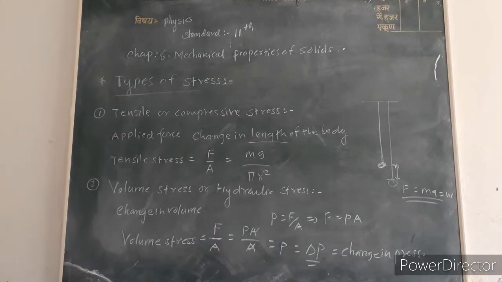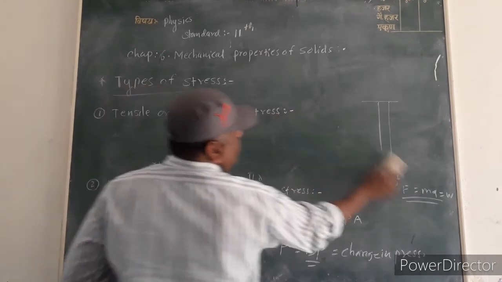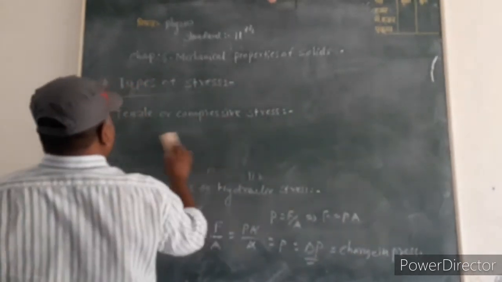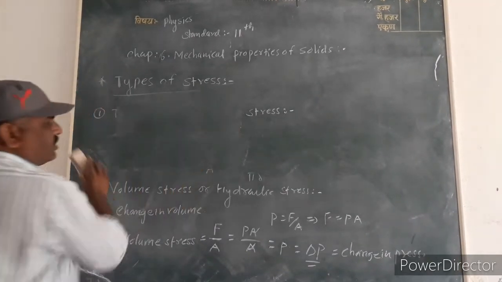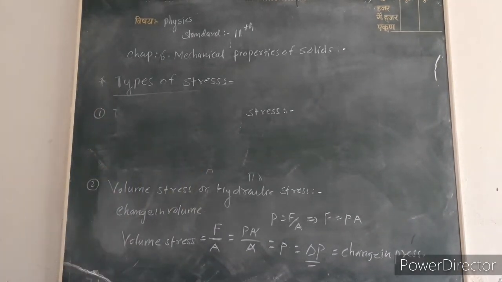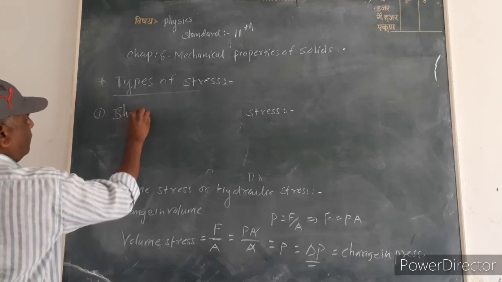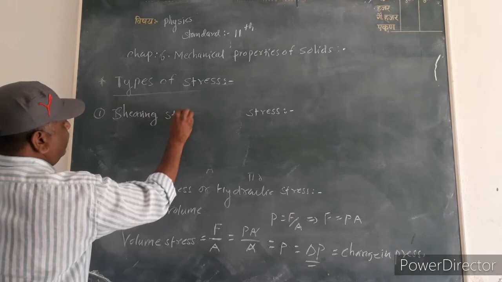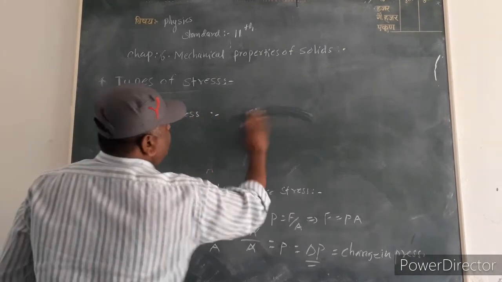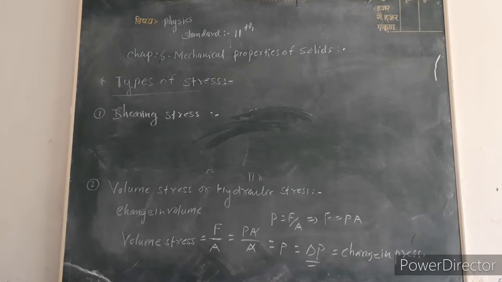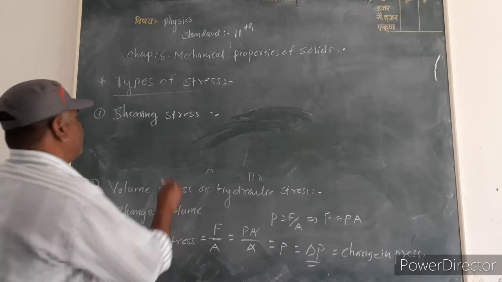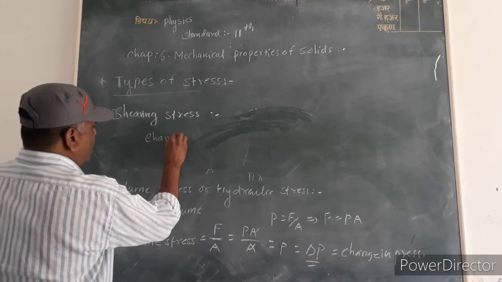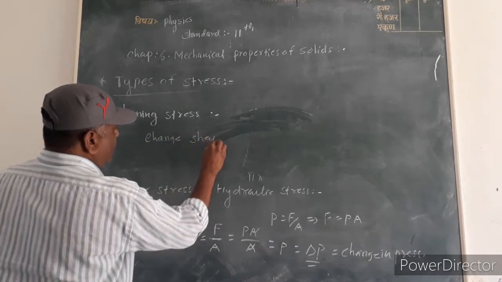Now the third type of stress is called shear stress. When we apply a force on a given body, then the body changes its shape.